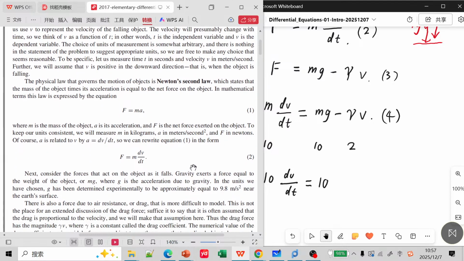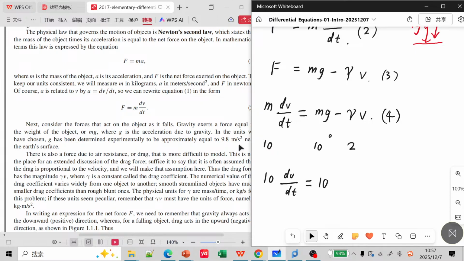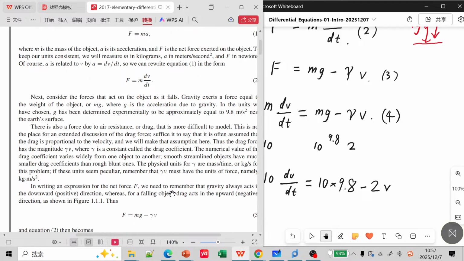Let's find g. Yes, g has been determined experimentally to be approximately equal to 9.8. So we can write 10 times 9.8 and then minus gamma, which is 2, times v. Okay, so here is the process.